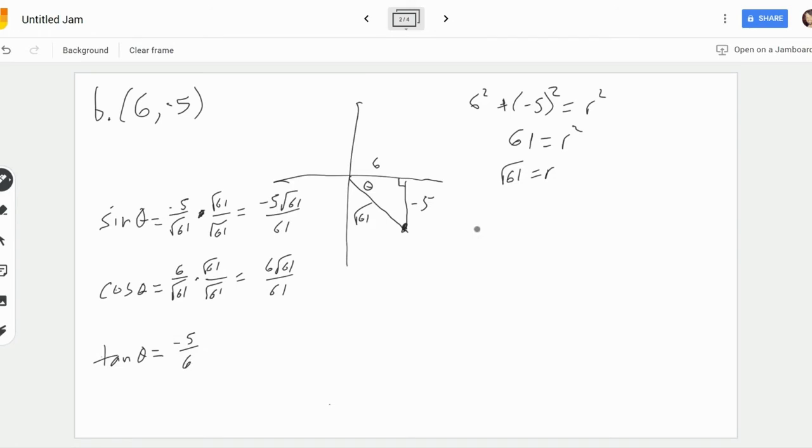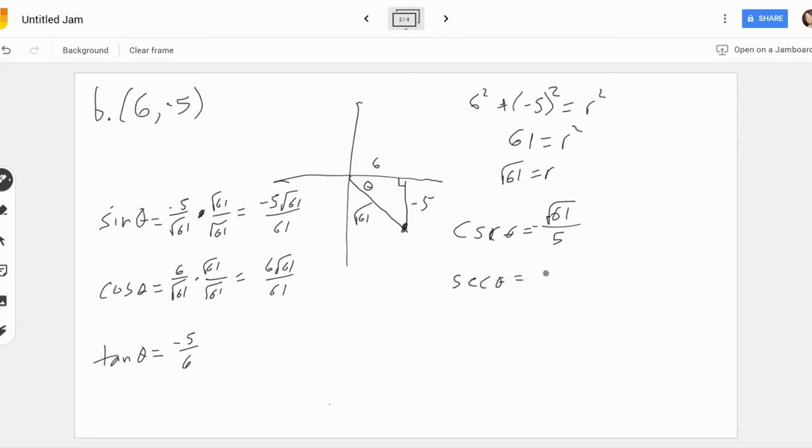Then we could find cosecant of theta. It's just the reciprocal. Now I would just take the original one, because it's already set up. If we flip it, the root's already on top. So this would just be square root 61 over 5, and it was negative. Secant of theta, same deal.